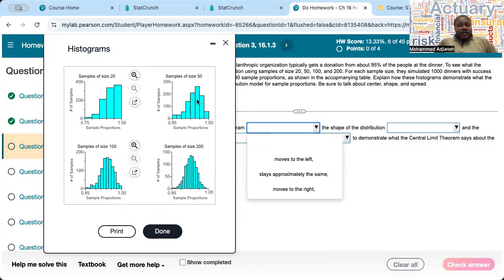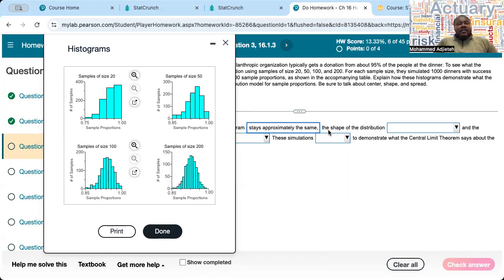So the center is what? The middle. Is that okay? Yeah. So the center, look at the center. You see, it stays the same. Does that make sense? What is the center here? The center is somewhere here, isn't it? Look at the center here. Same. Can you see that? The center stays the same.